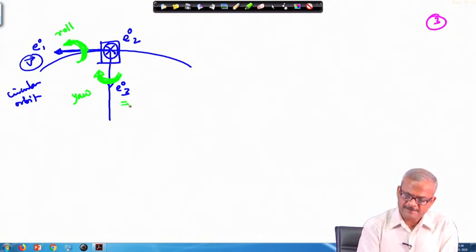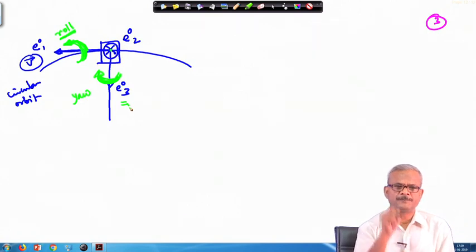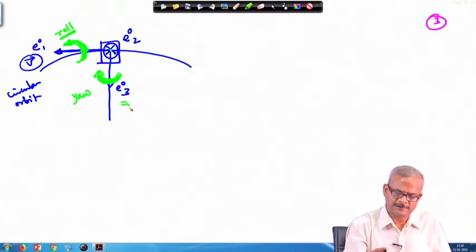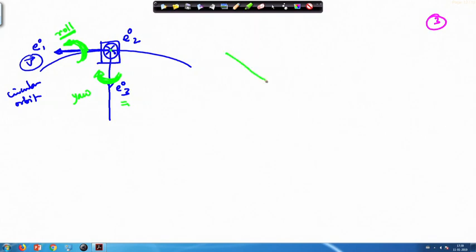About the third axis we are taking the yaw, about this we are taking the roll, and about the two axis, how is the two axis going? It is going directly inside the page. So, this is something like a nose up motion. If I draw this E 2 direction, say here E 1, this is E 2 and vertically down this is E 3. So, this is E 0 1, E 0 3 and this is E 0 2.